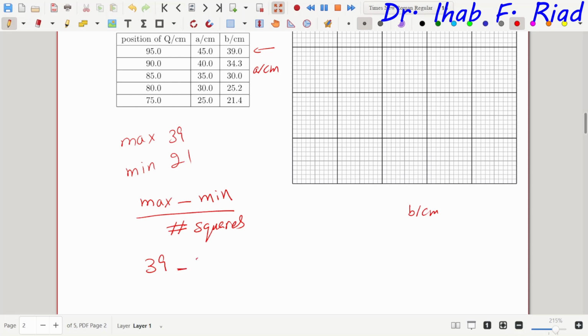The minimum is 21. How many squares do we have? We said we have 5 squares on the x-axis. So let us do the math. We have 39 minus 21 divided by 5. What do I get? I get 3.6.